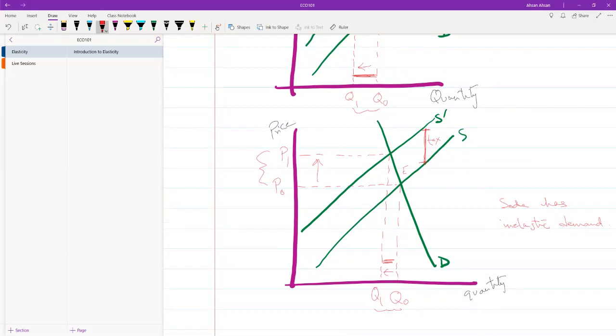And so the policy of taxing soda to reduce consumption is going to fail. Quantity demanded is still falling, but not by the amount that was planned for. So an unsuccessful tax regime.